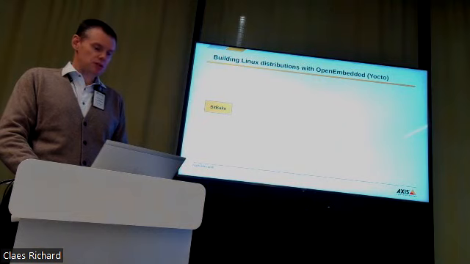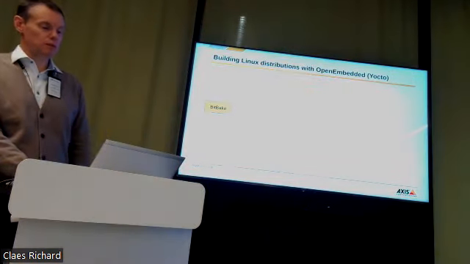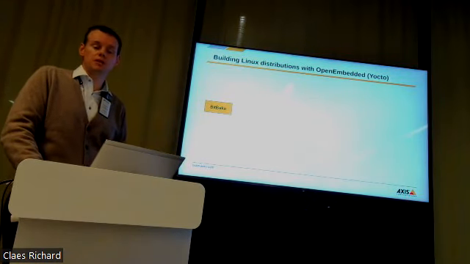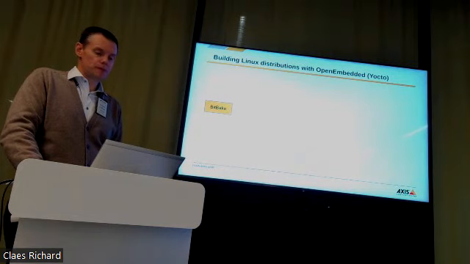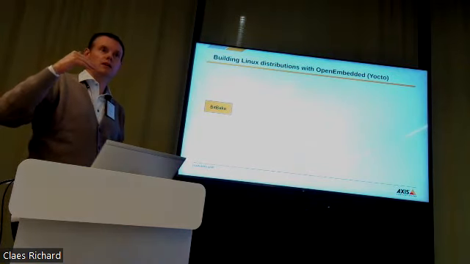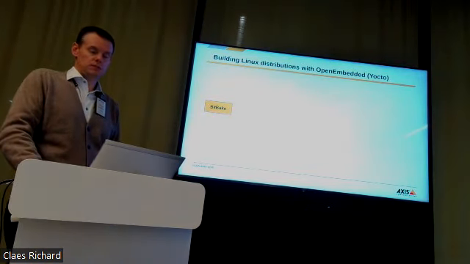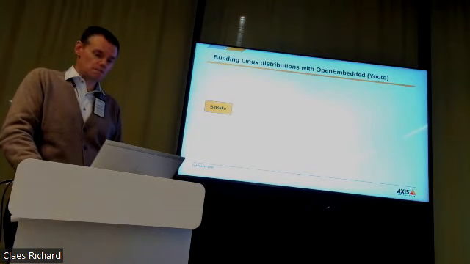So OpenEmbedded uses a sort of big build tool called BitBake, which builds software, but not in the same way as Make, Meson, Ninja, CMake, or whatever you might use. It's more of a higher level build system that invokes other build systems and eventually produces either a file system tarball, or in our case, an image we can download into our devices.